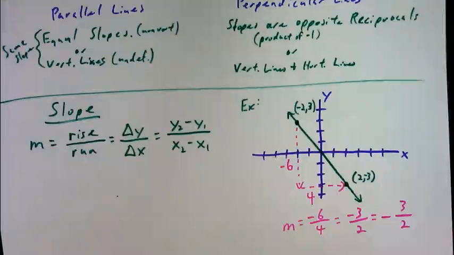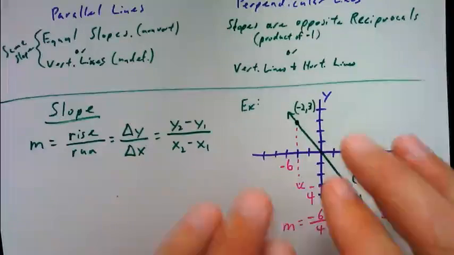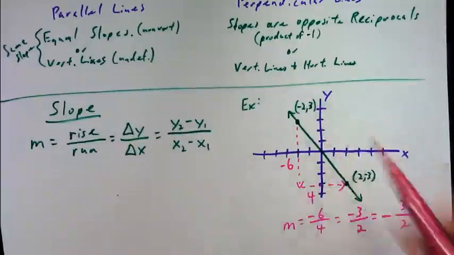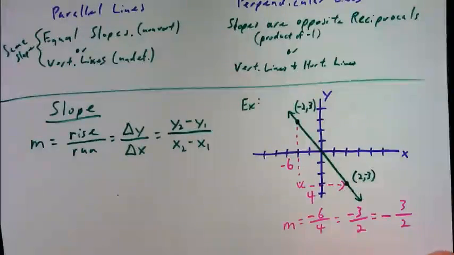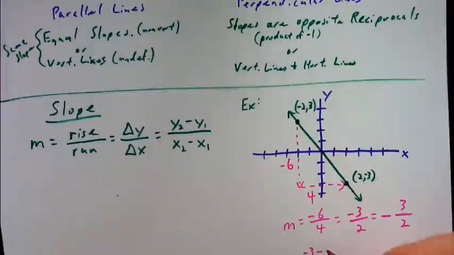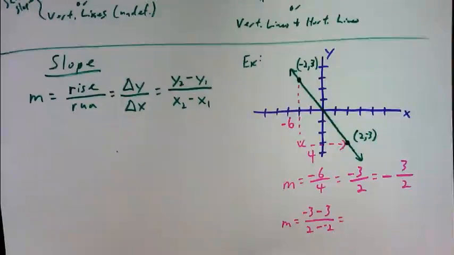All right. Now, that's the visual way, right? We looked at a graph and picked those numbers out. You could have also used the points, because we were given the points. So if I use this as my second point, I have -3 minus 3 and 2 minus -2.